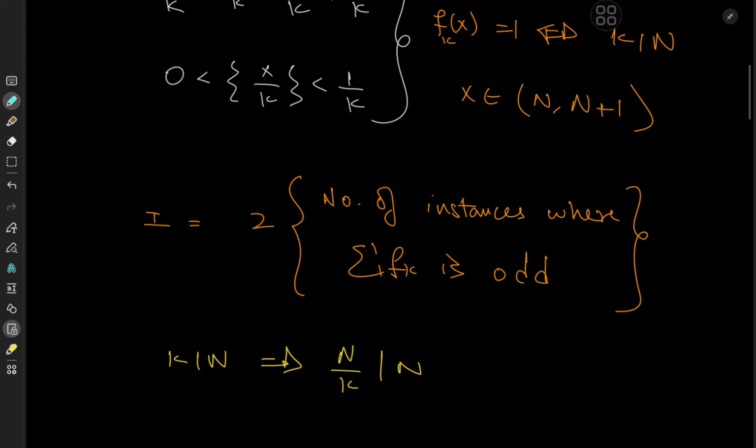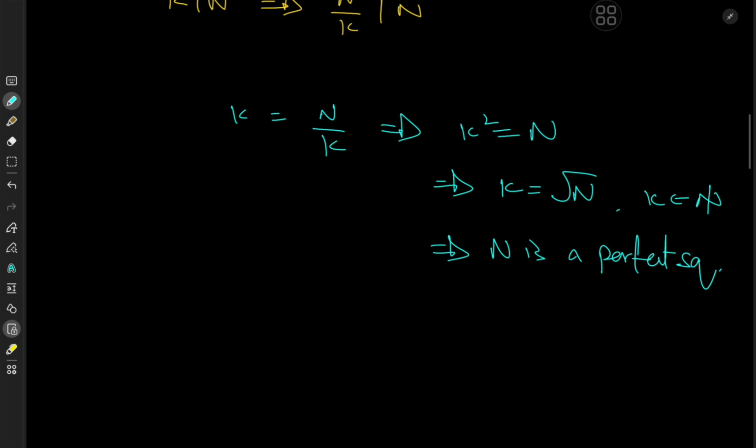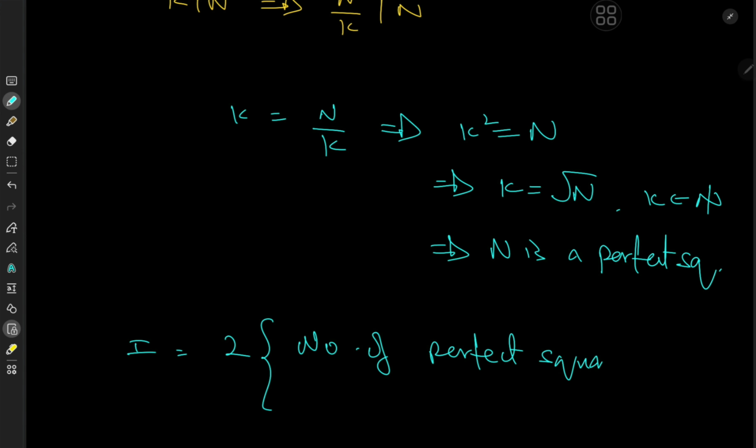K dividing n when n is a perfect square will result in, well, a 1, and you'll have an odd number of ones, and you've solved the integral. So I'll restate the result I wrote out earlier as I equals 2 times the number of perfect squares between n equals 1 and 2023.